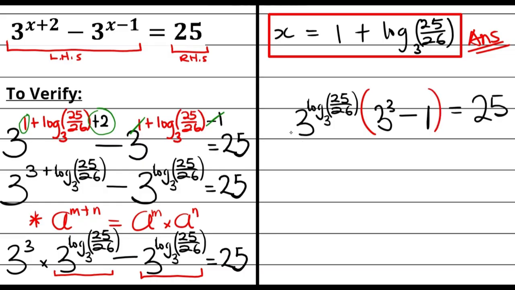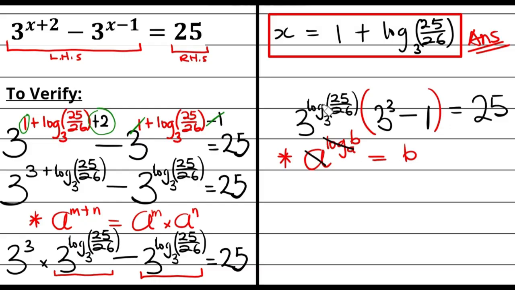We're going to need a certain logarithm rule to be applied here. And what does it say? It says that if we have a to the power of log b to base a, this is equal to b, meaning that the a and the log go, and then we have b.